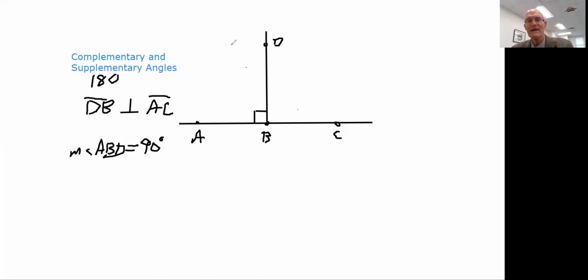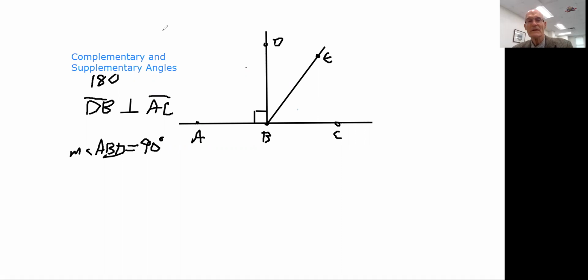Now, complementary angles, if we come in here and add one more line to this, like if we come out here and say, okay, this will be point E. So now we have this angle here.